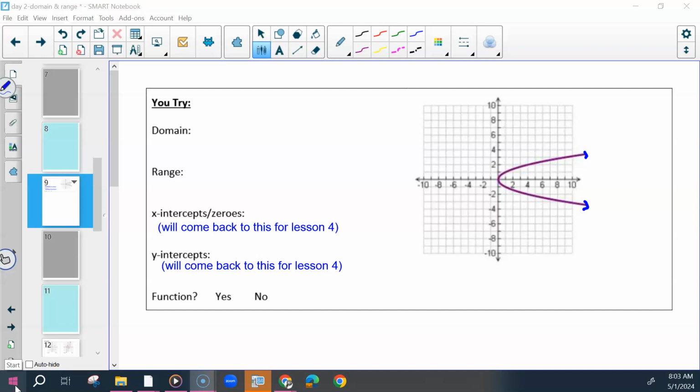Anyone think they know the domain of this one? Not less than. It's going to be greater than or equal to 0 because it's everything to the right of 0. Or in interval notation, that would be start at 0 and go to infinity.